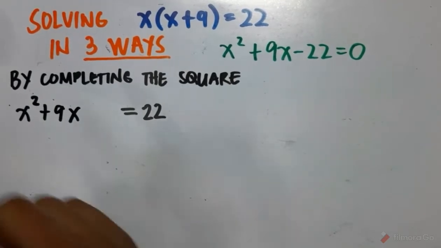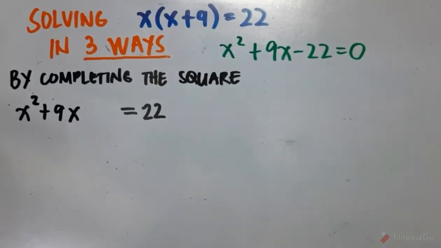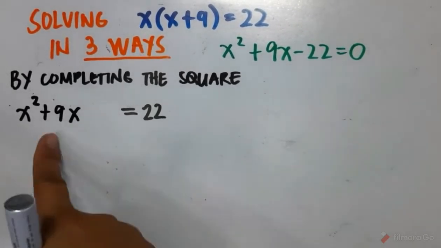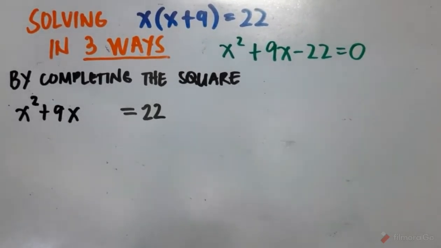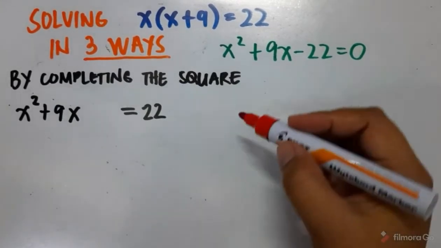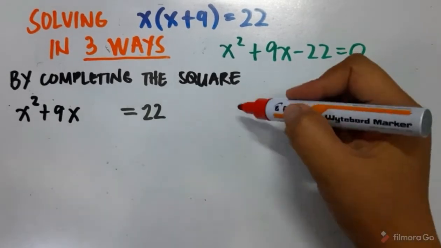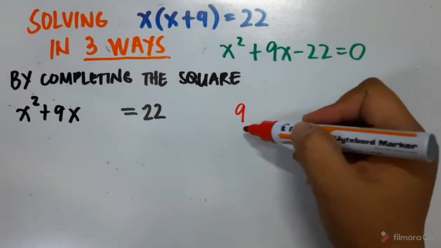So now let's find the third term. How do we get the third term of this trinomial? First we get the numerical coefficient of the second term, which is 9, and then divide it by 2.